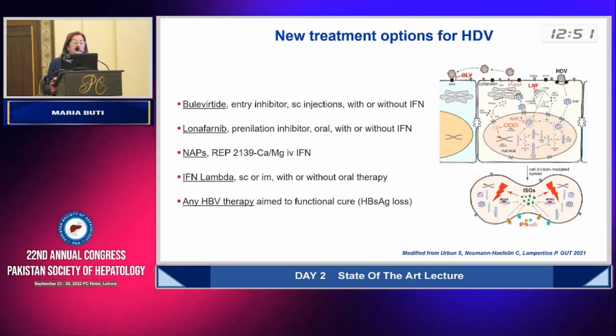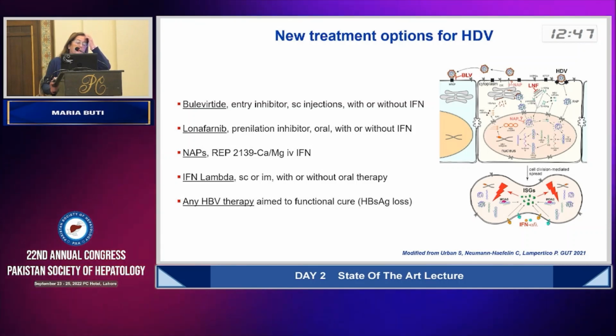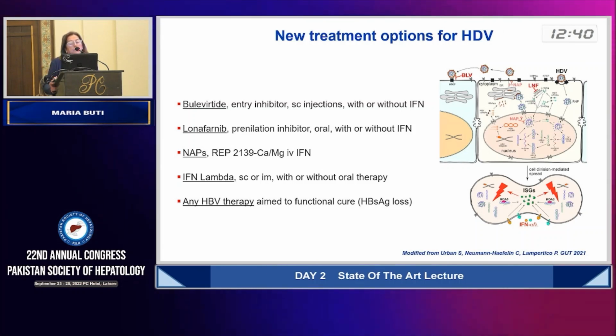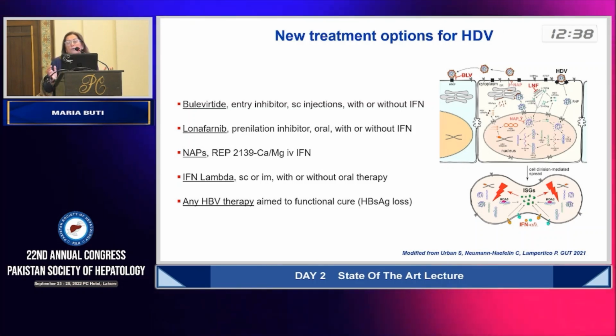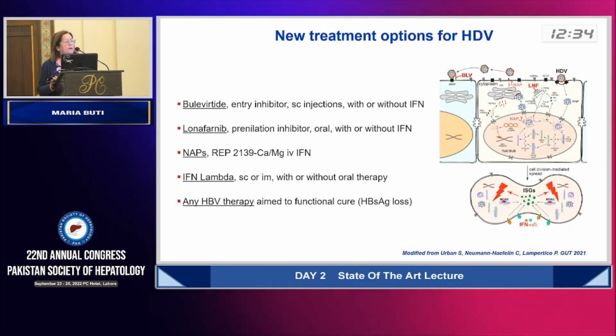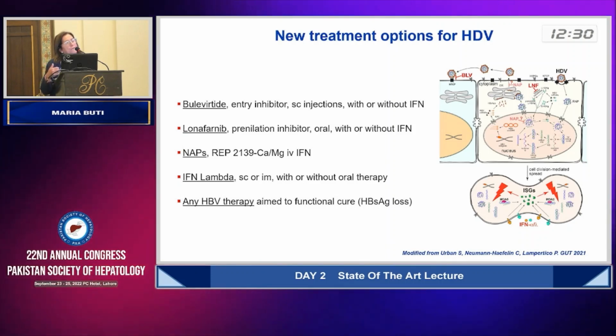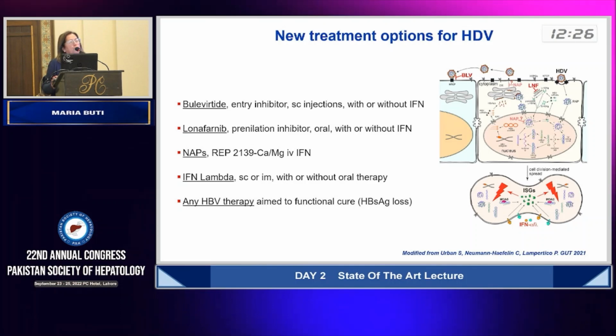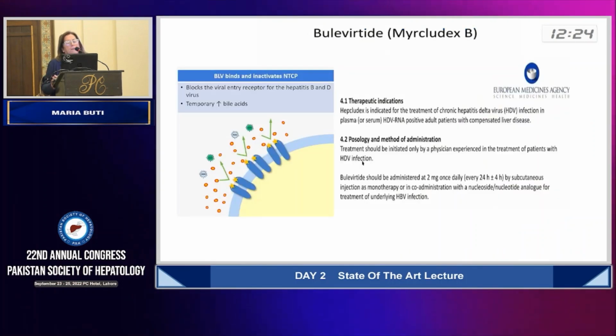Nucleic acid polymers that inhibit the release of hepatitis B from the hepatocytes, interferon lambda, and also all of these treatments that Professor Esteban has shown before that could be useful. If they are useful for hepatitis B, they can also be useful for hepatitis delta.